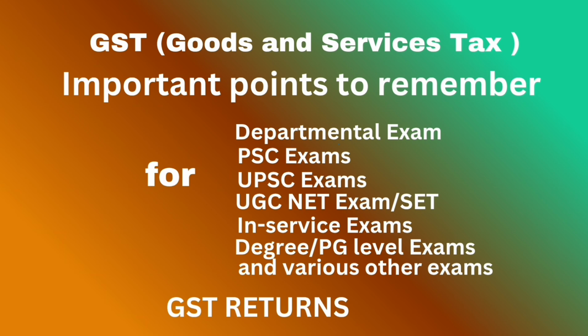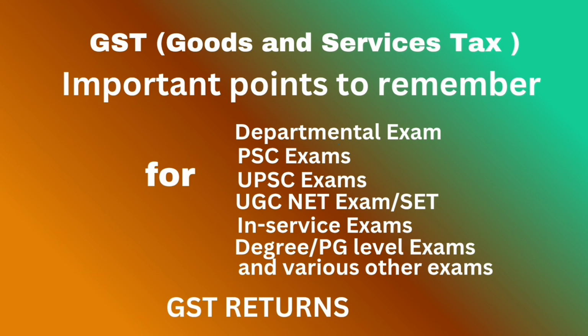Then next, Form GSTR 4 and GST CMP 08 for composition dealers. A composition supplier is required to file the return GSTR 4 annually and is required to pay the tax quarterly in Form GST CMP 08.